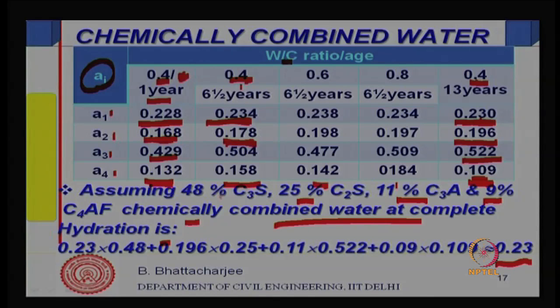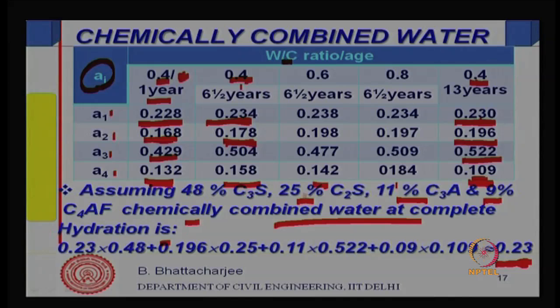So, with 48% C3S, 25% C2S, 11% C3A and 9% C4AF, 1 gram of cement will have 0.48 grams of C3S, 0.25 grams of C2S, etc. So, 1 gram of cement will react approximately with 0.23 grams of water.